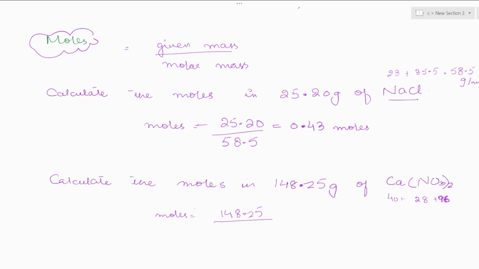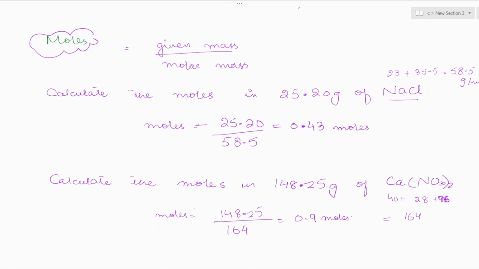Okay. Then you can correct it. Is it 164? 164. Okay. 148 divided by 164 would be 0.9 moles. Okay, good. Now you've gotten it.